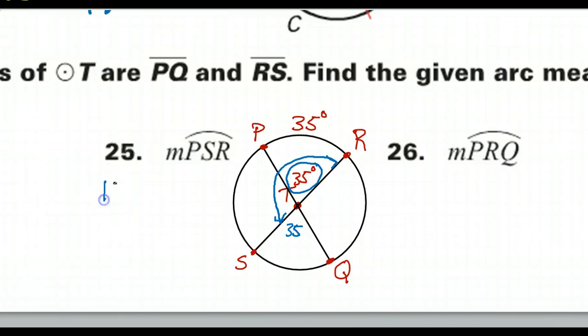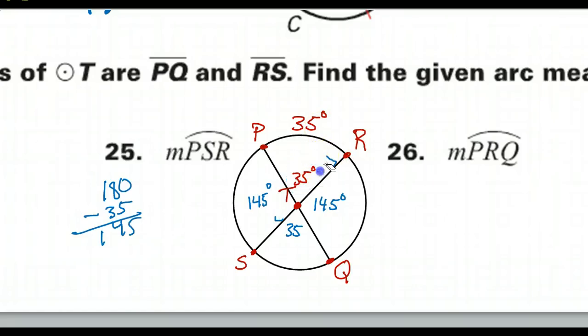So 180 minus 35 gives me the other side of the semicircle. That's going to be 145, right? So this is 145 degrees over here, which means, see how these are vertical angles? So this will also be 145 degrees. All right, let me get rid of some of this extra stuff. So now I have all the angles.